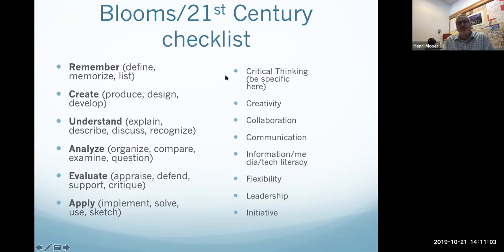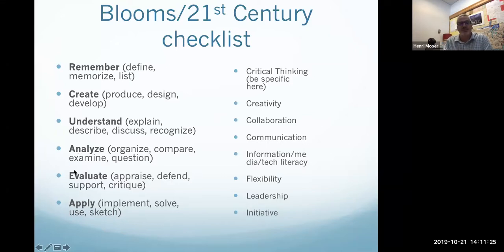So when we're looking at that 21st century checklist, I know I've given you guys a lot of feedback on the piece on critical thinking. Instead of just saying critical thinking is something that you're promoting, be specific with the activities, behaviors that we'll see within critical thinking. Okay, things like analysis, evaluation, application, those to me are critical thinking skills.